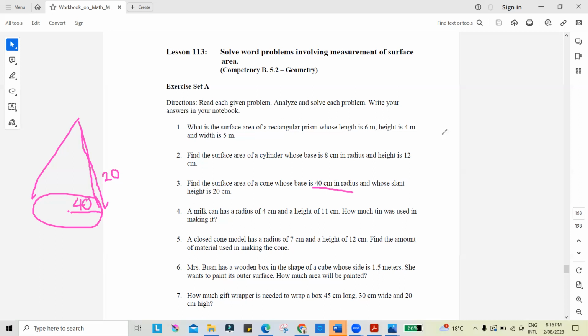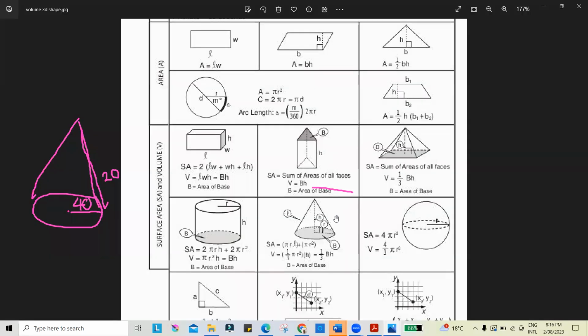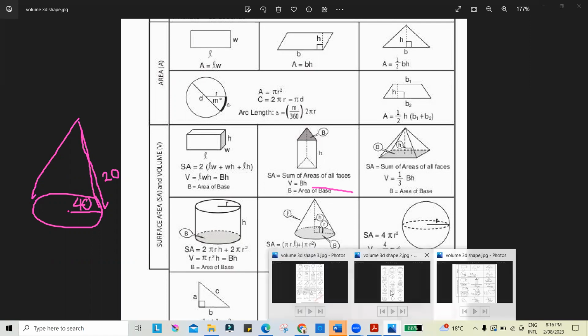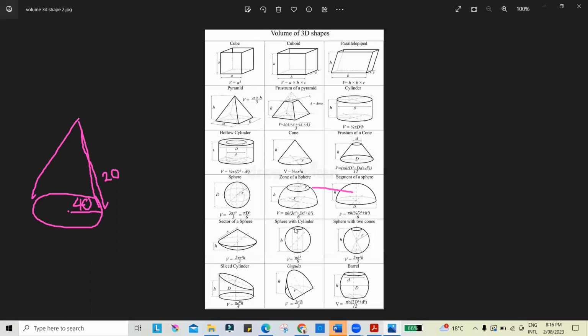Now, if you go look at the sheet, area of the base is πr². Then πrl, that's not given here. Maybe I have to go to other sheets. 3D shapes, cubes.